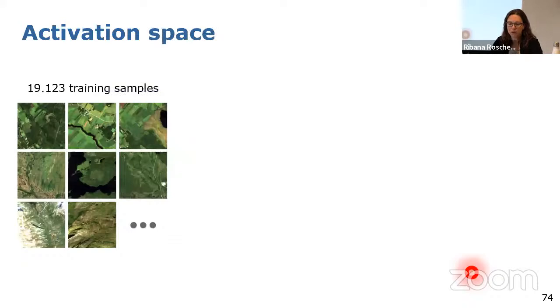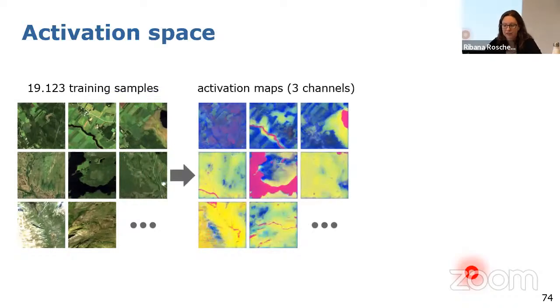So we had more than 19,000 training samples. And for all of these training samples, we got activation maps, and not only one, but three of them. So we had 3 filters in the final convolutional layer. So we have for each of these images an activation map with 3 channels.